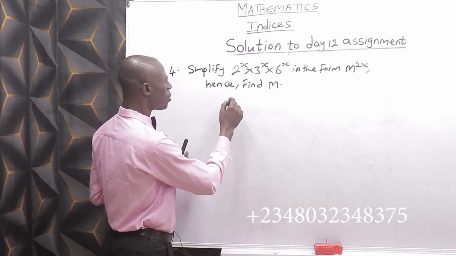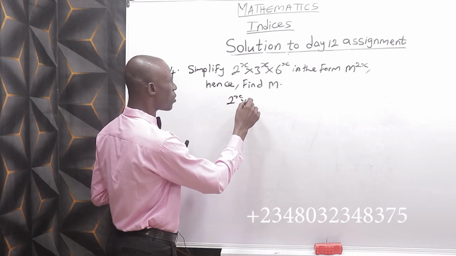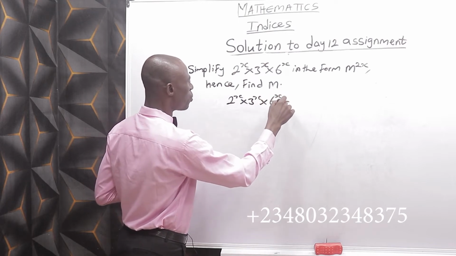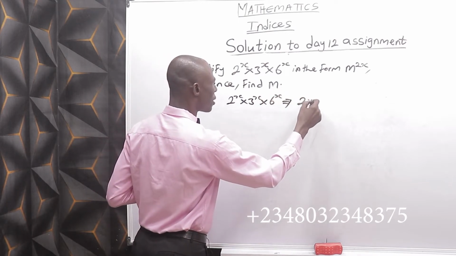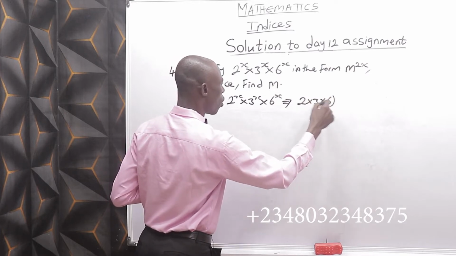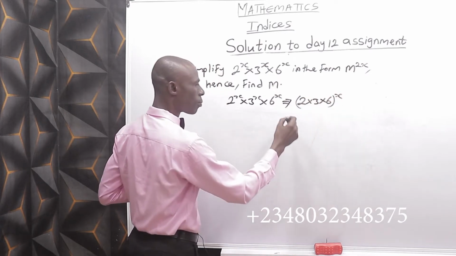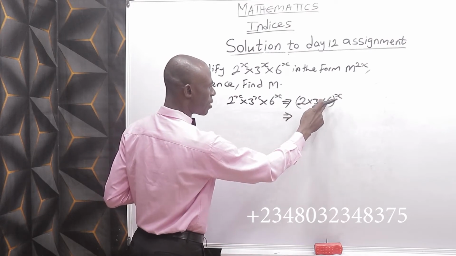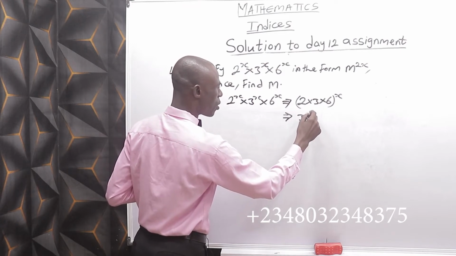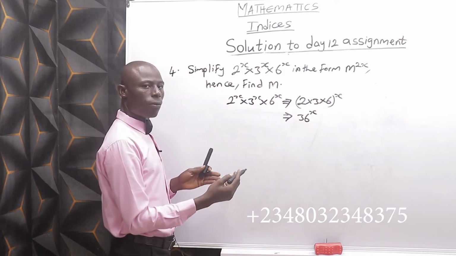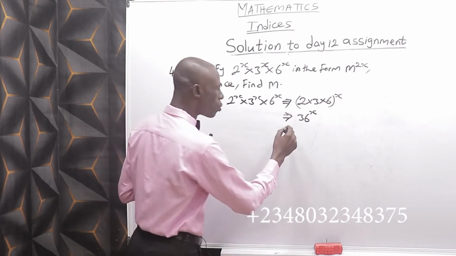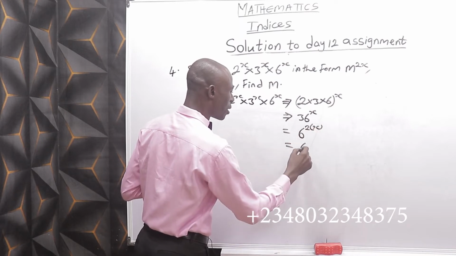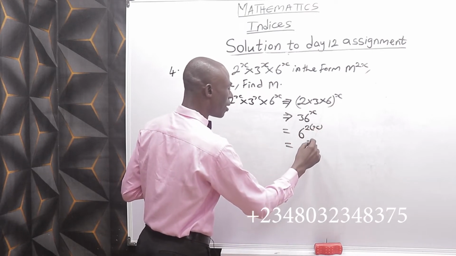That is, 2 raised to power x times 3 raised to power x times 6 raised to power x could be 2 times 3 times 6 all raised to power x, which means 2 times 3, 6. 6 times 6, 36 raised to power x. So you now think of expressing 36 in index form. So it will be 6 raised to power 2 into x, which is 6 raised to power 2x.